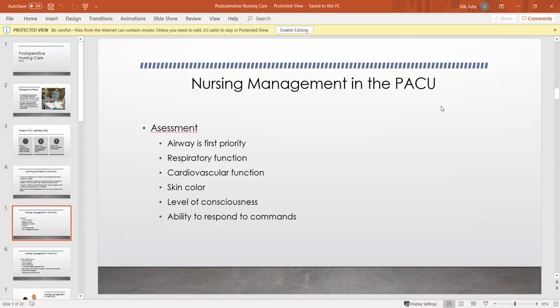One of the first things that you're going to do is assess your patient when you get them. After those people leave from the OR and you've already hooked them up to things, you're going to assess them. One of the first things you're going to assess is their airway. Airway is always your first thing. Think of your ABCs.